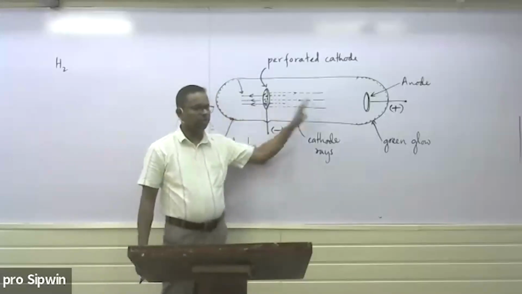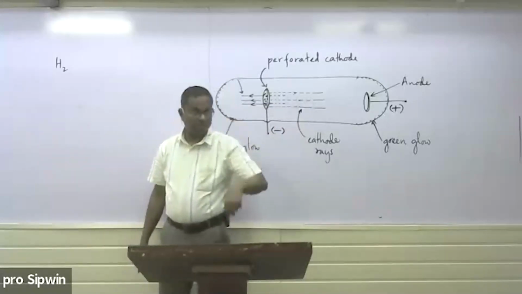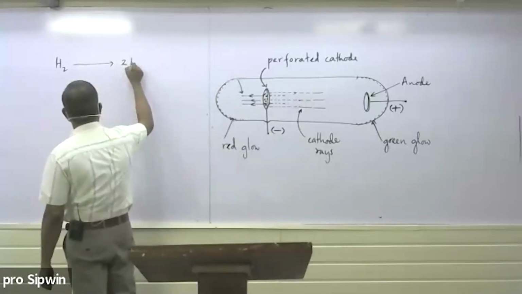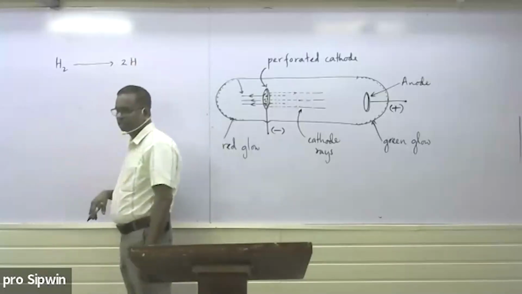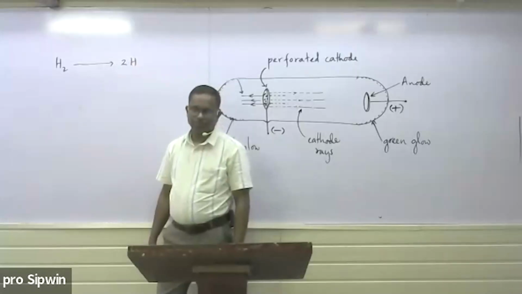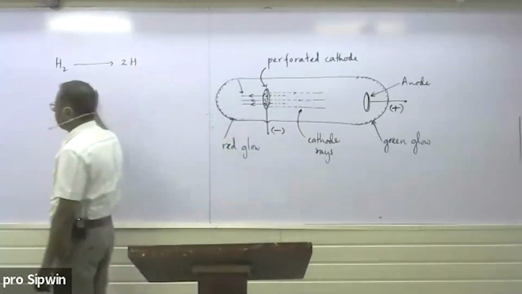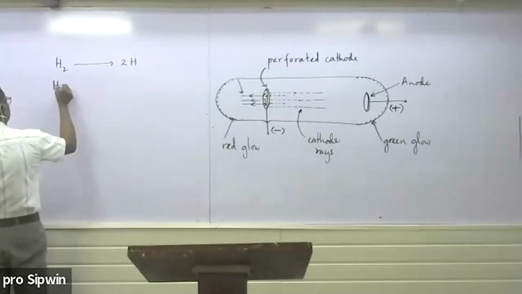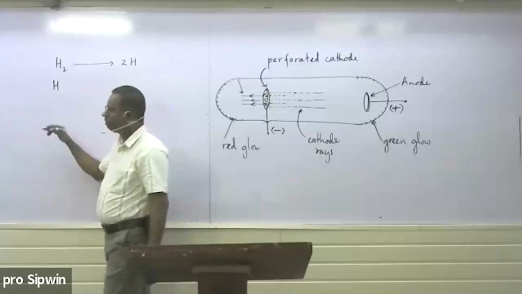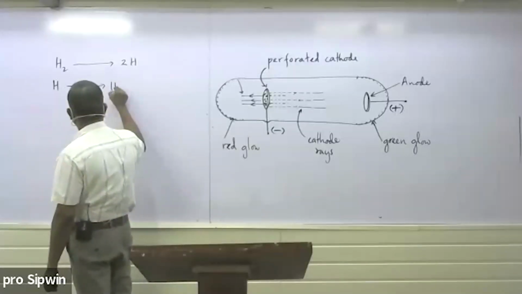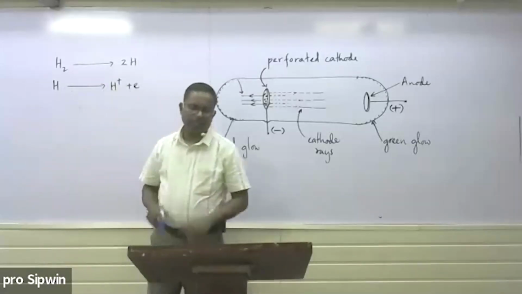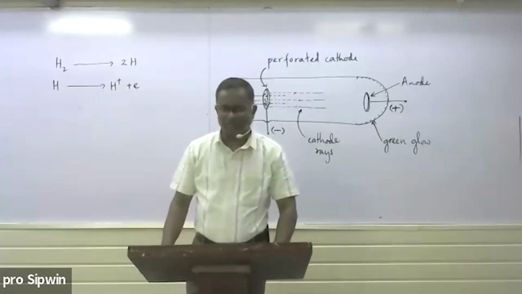When electrons or the cathode rays fall on this under low pressure conditions, first the hydrogen converts into hydrogen atoms: the H2 molecule atomizes, breaking the bonds. Then when an electron again collides with the hydrogen atom, it releases an electron, leaving H plus.